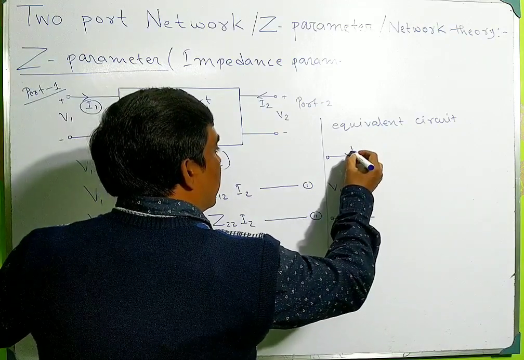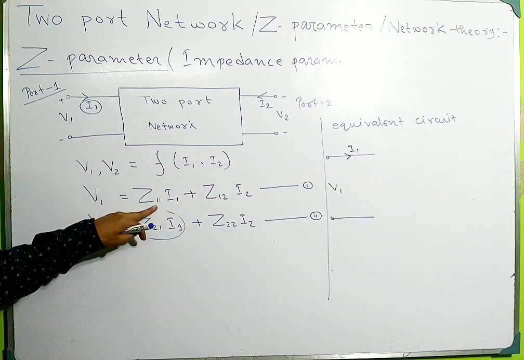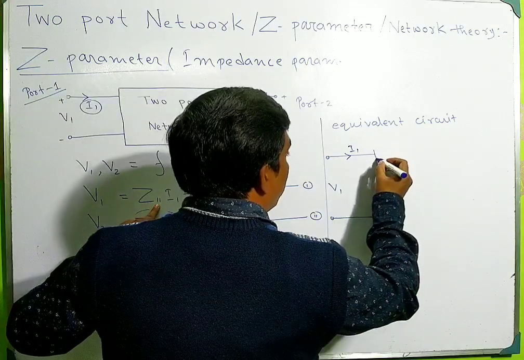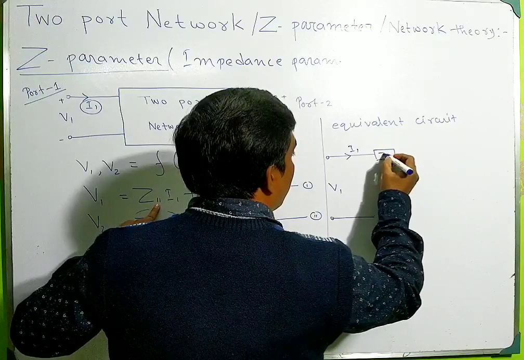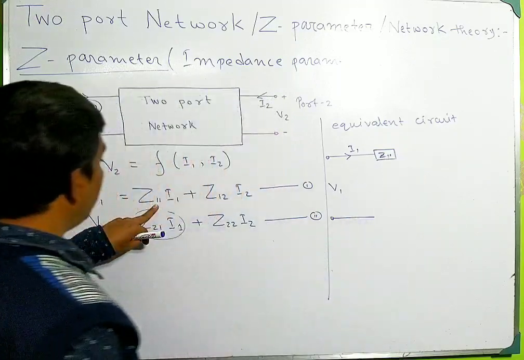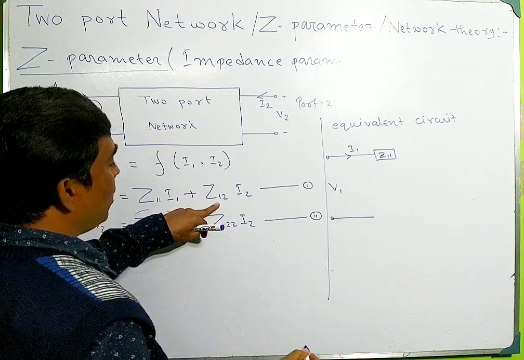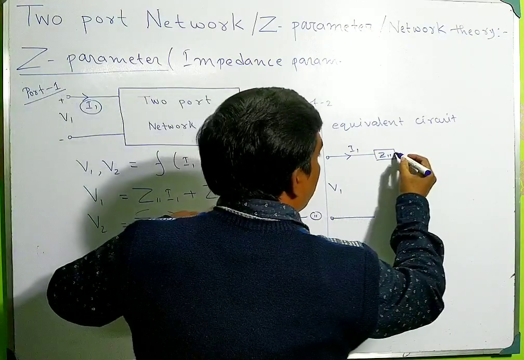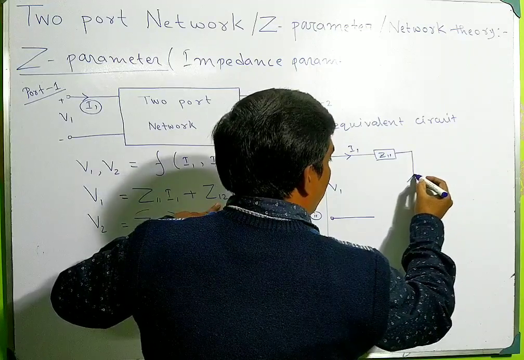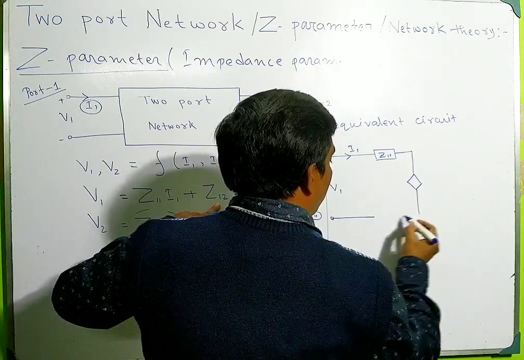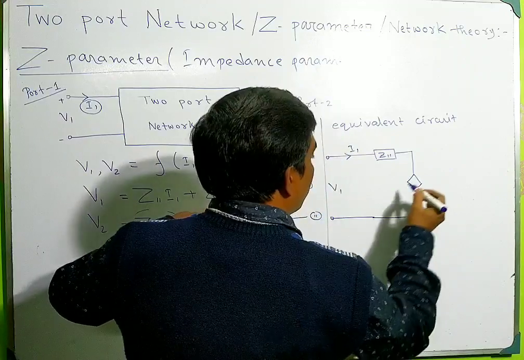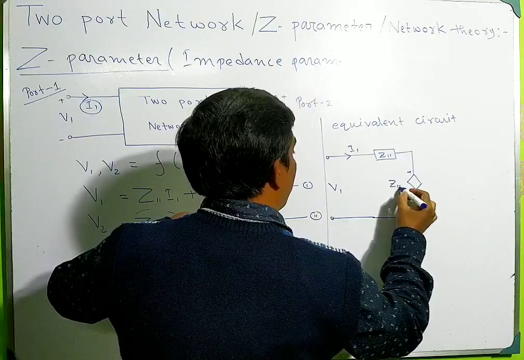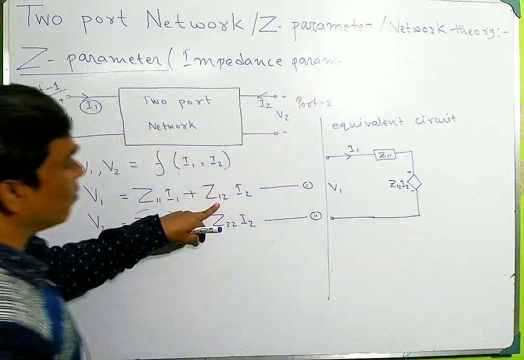The current is I1, and there must be an impedance Z11, and there must be a current controlled voltage source, plus and minus, which is Z12 I2.